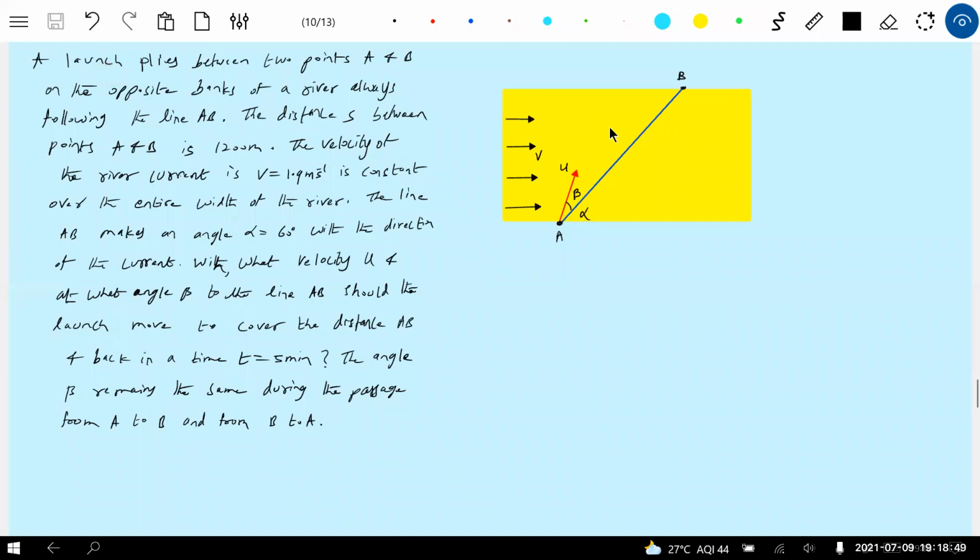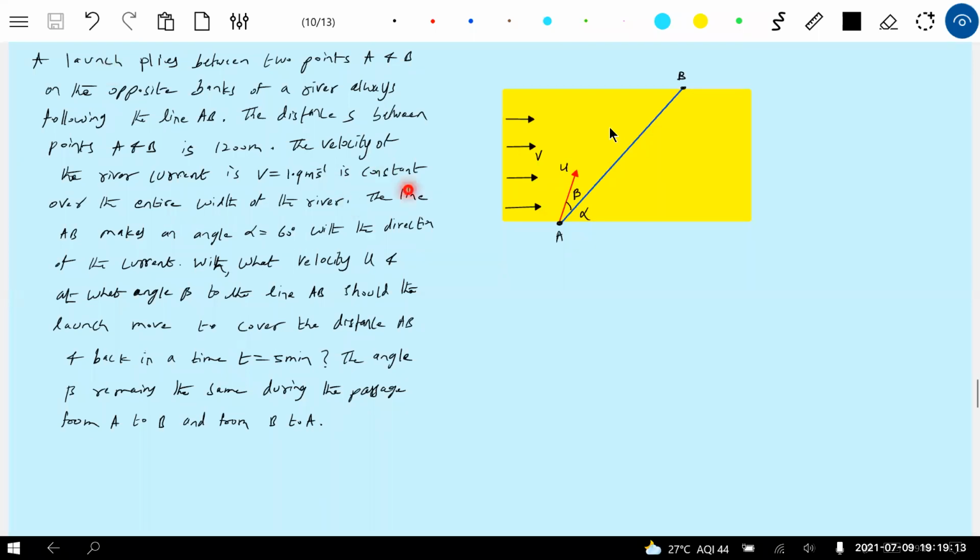In Telugu it is. A launch plies between two points A and B on the opposite banks of a river, always following the line AB. There's a path with respect to ground. There's one bank, there's the other bank. The distance S between the points A and B is 1200 meter. The velocity of the river current is 1.9 meter per second, constant over the entire width of the river.